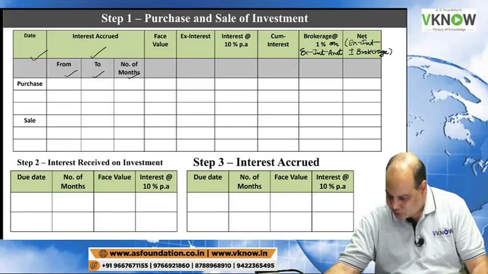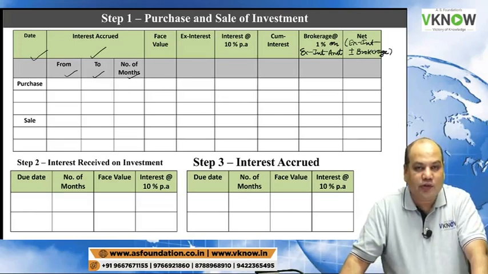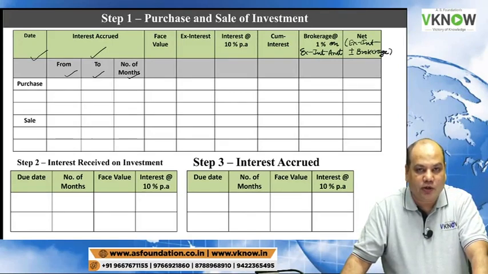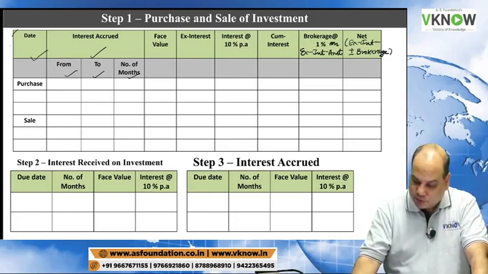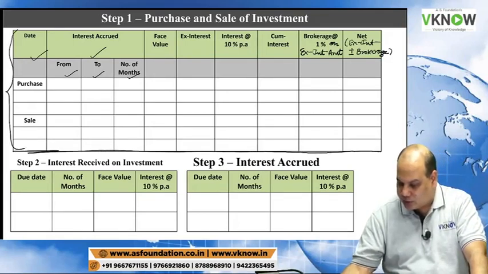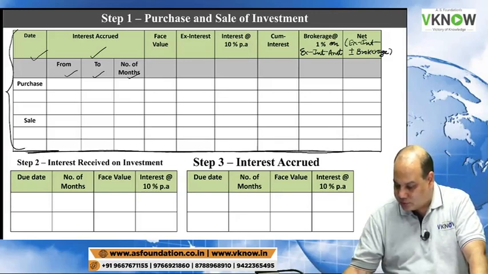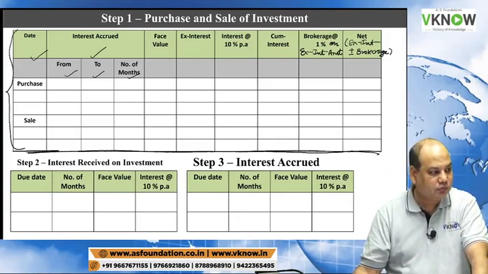Ex interest amount plus brokerage if you are purchasing, ex interest amount minus brokerage when you are selling. The note has already been dictated to you. Is it right? So only draw the first format right now, only up to this. This is one main format. Once this is done, then my task will be very easy.